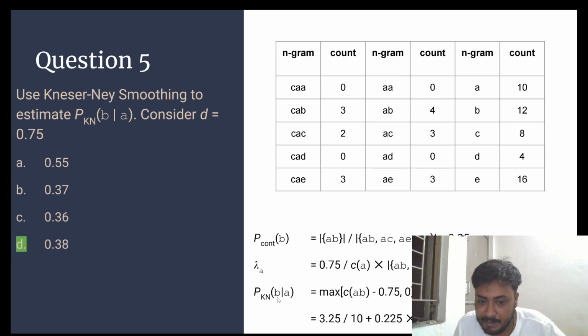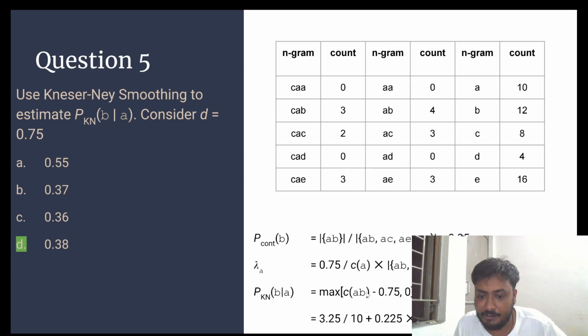Finally, this is the main part. For P of B given A, we have to take the max, because we have to discount the count by the D value which is given over here. Previously in backoff smoothing we discounted the probability. Here the count itself gets discounted by D. Count means frequency, so frequency gets discounted.